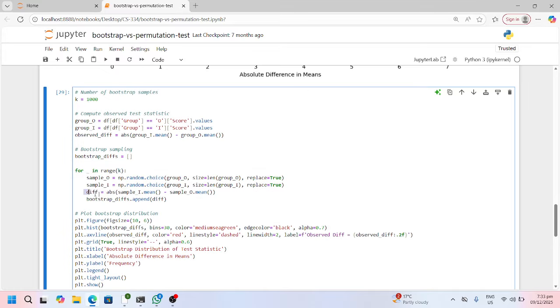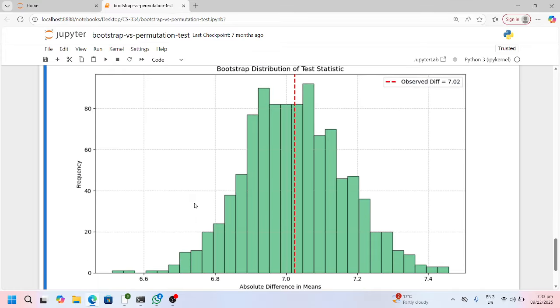For each choice, I compute the difference and then I plot the distribution of differences, and this is what it looks like. Since this did not assume the null, the plot I have is reflective of what was in my original data set. That's why it is still centered around the difference that already existed. So this is not giving me the proper null distribution. That's why I'm failing to observe an effect.